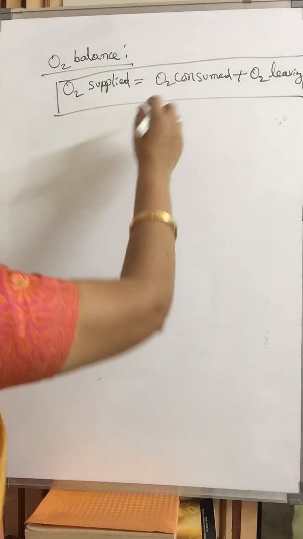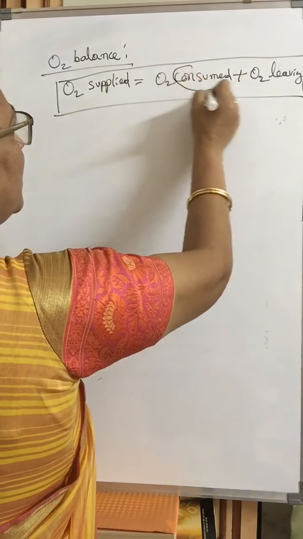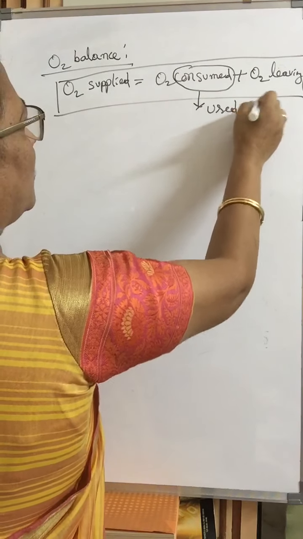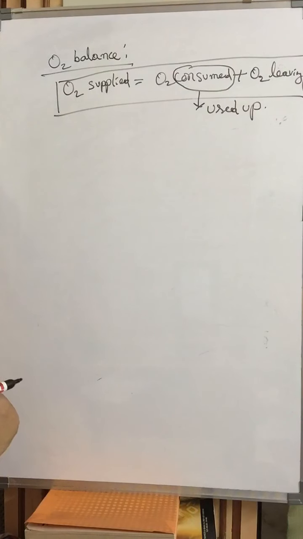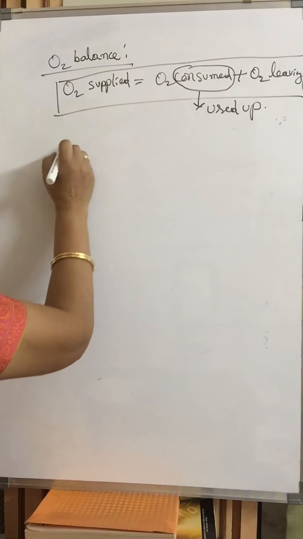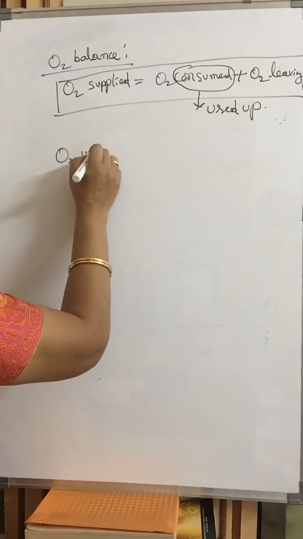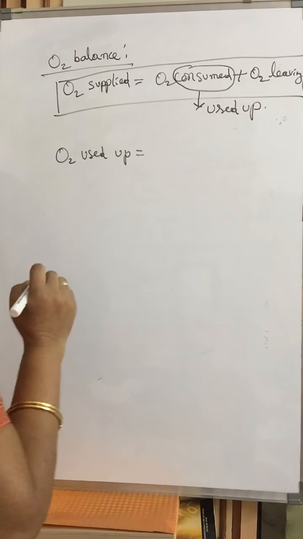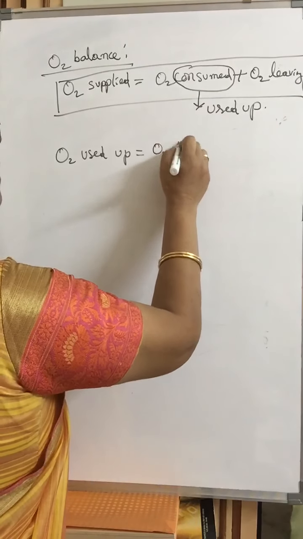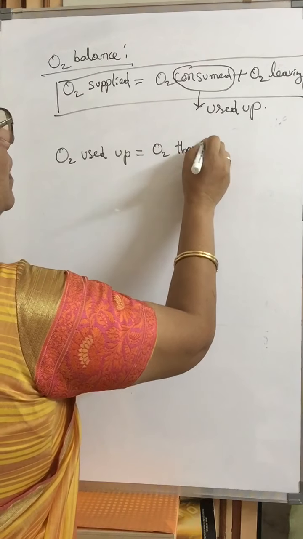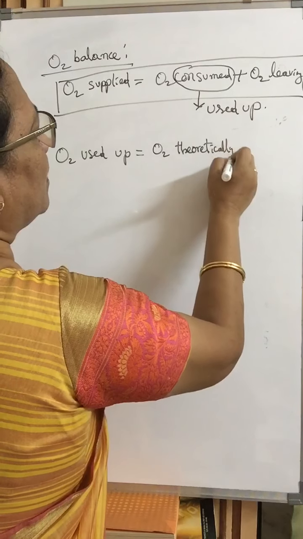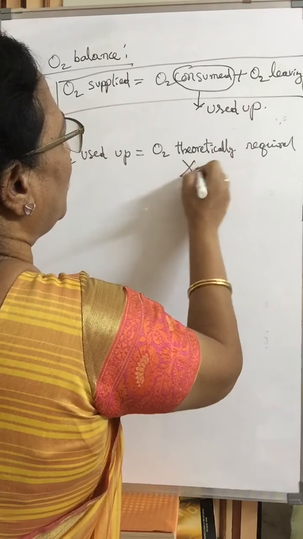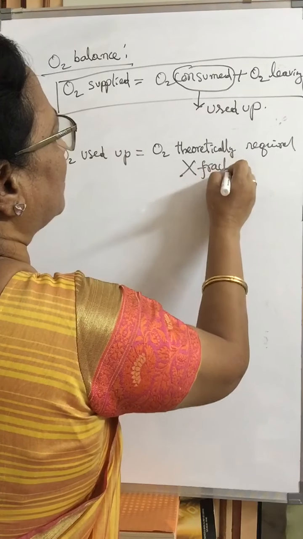Oxygen consumed, or you can say oxygen used up, any term you can use. So how to calculate oxygen used up? Oxygen used up is equal to oxygen theoretically required into fractional conversion.